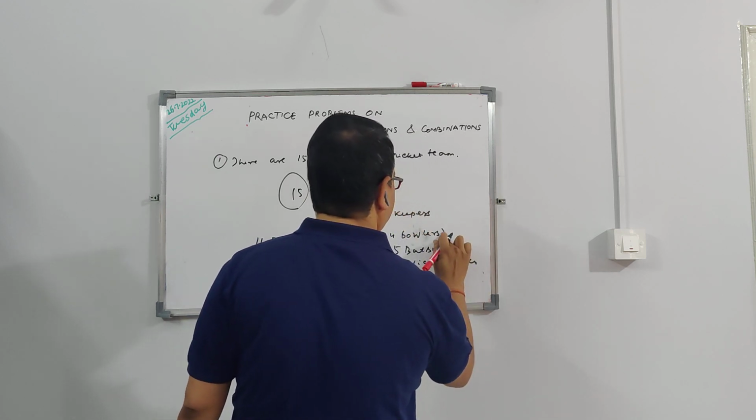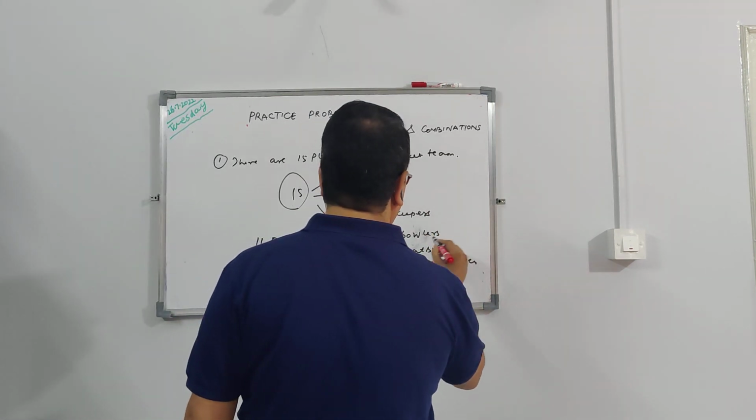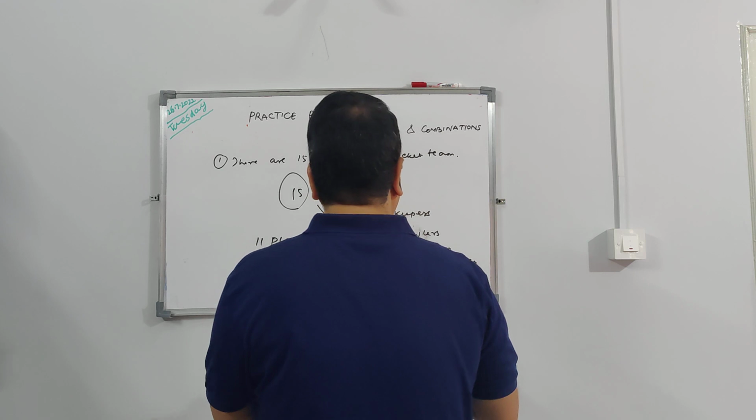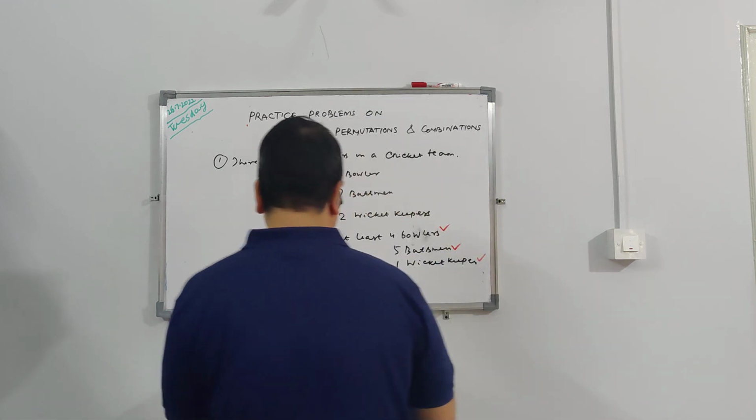So this is the condition: minimum 4 bowlers, minimum 5 batsmen, and minimum 1 wicket keeper.